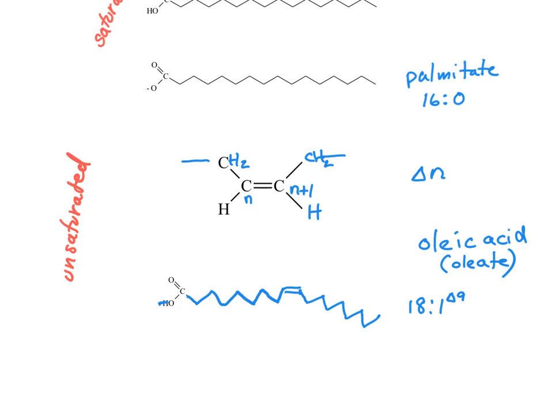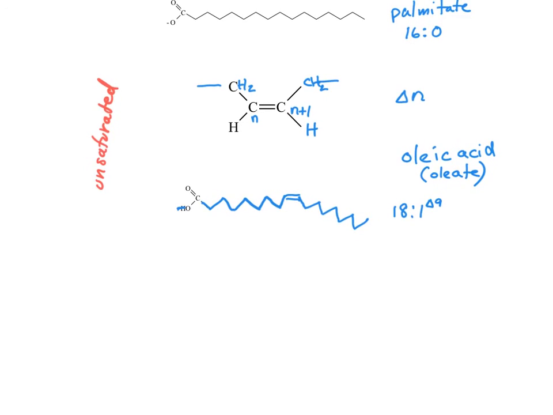Okay, so we're almost done. I would like to point out that the double bonds in fatty acids affect melting point, and this is a point we'll talk about in the next video. Double bonds lower the melting point.